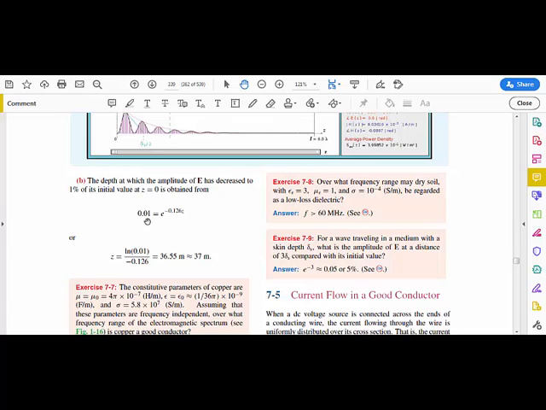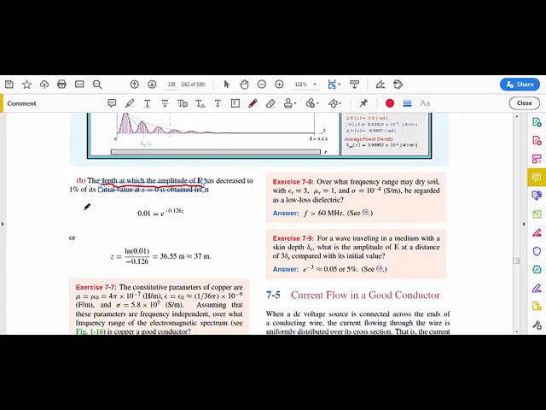Okay, so here we need to calculate the depth at which the amplitude of the electric field decreased to 1% of its initial value.